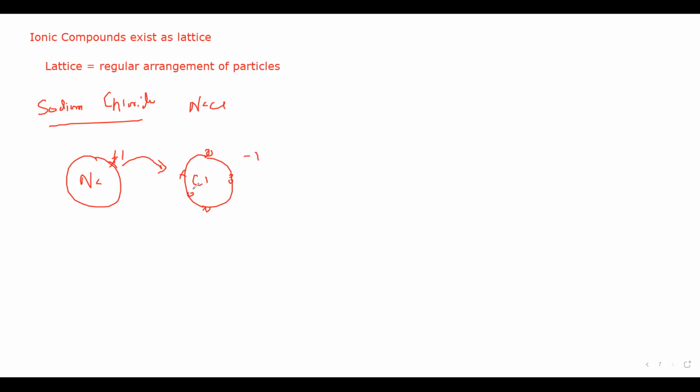But what happened in sodium chloride? There are a lot of sodium ions and a lot of chloride ions together arranged in a regular pattern. Like this is one sodium and chloride ion.